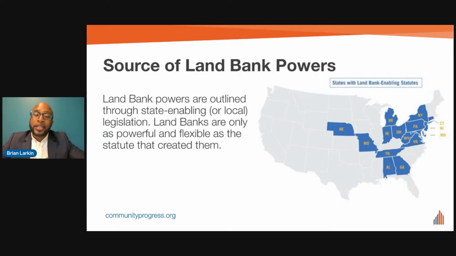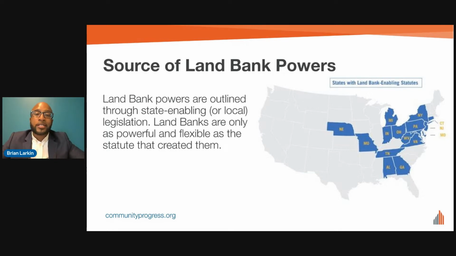And if you're thinking about that pipeline you have of tax foreclosed properties and the fact that you would love to be able to capture that in a cost-effective way, but your state doesn't have enabling legislation, then engage with the Center for Community Progress through our National Technical Assistance, our National Land Bank Network.